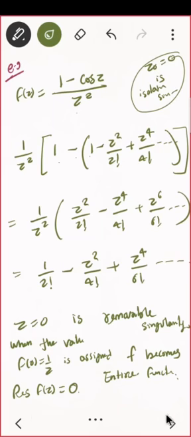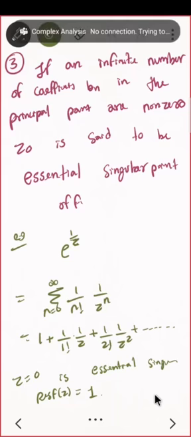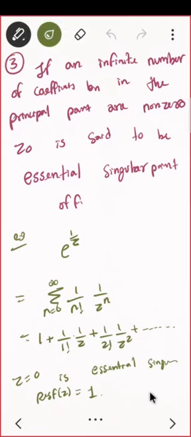And this is a famous thing, e raised to 1 by z is an essential singularity. These are the three types of singularity which we wanted to know.